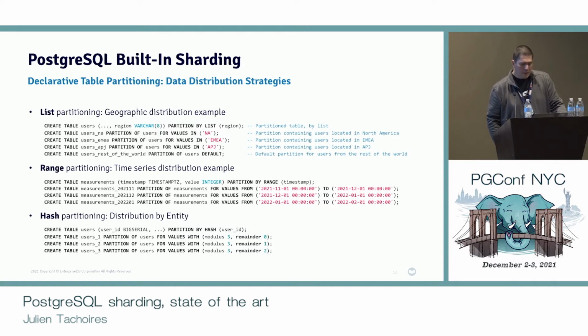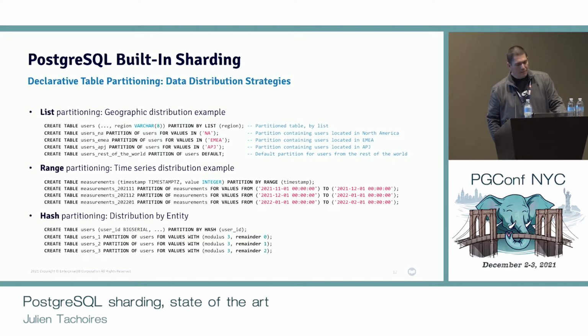About time series, with Postgres declarative partitioning, we can create, for example, 1 partition for each month, and then, based on a time frame, time series data are grouped by months, for example. And finally, Postgres hash partitioning form allows us to distribute data by entity or entity group.